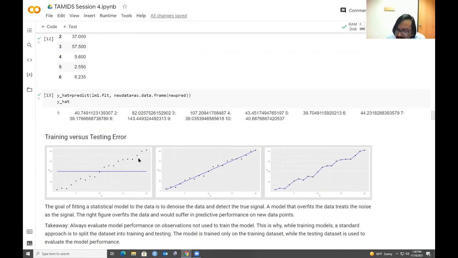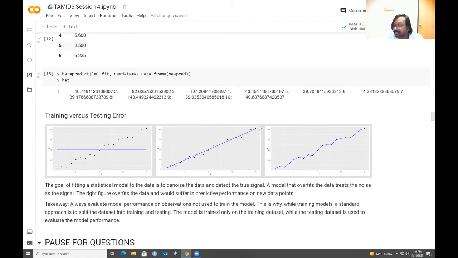We have the same scatter plot in the left plot, the middle plot, and the right plot. The left plot is an example of underfitting, where the straight blue line does not really capture the actual pattern among the two variables x and y. The second one does a very nice job of capturing the overall linear pattern in the data.